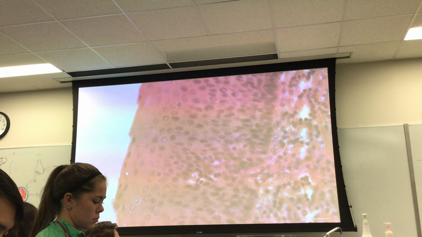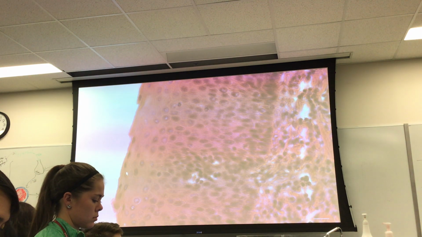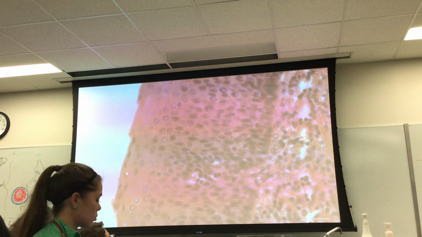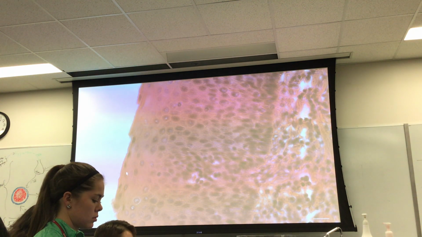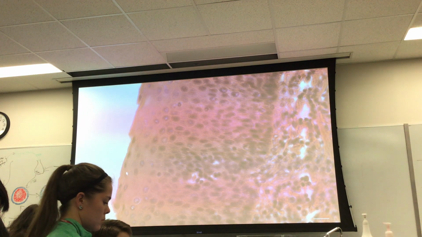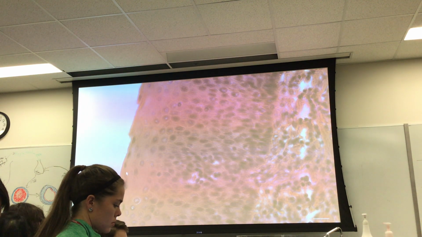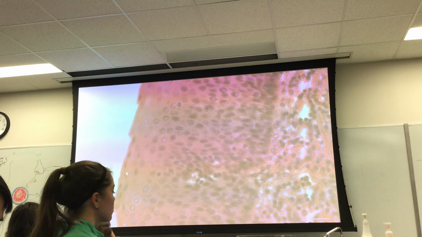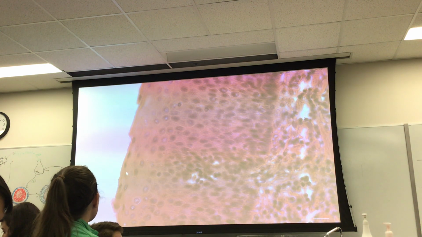But now here is the dilemma. Is this stratified squamous or is it transitional? You probably didn't even think about transitional, did you? Firm grasp of the obvious, don't let go.